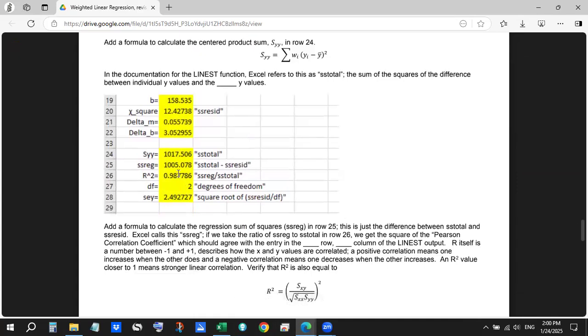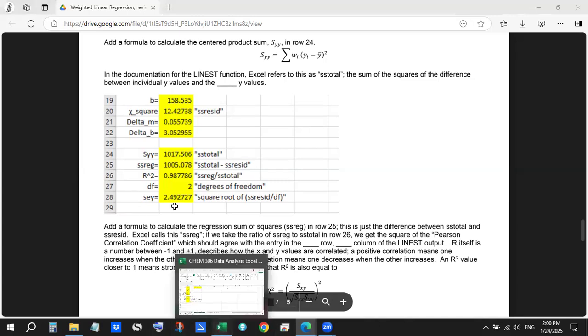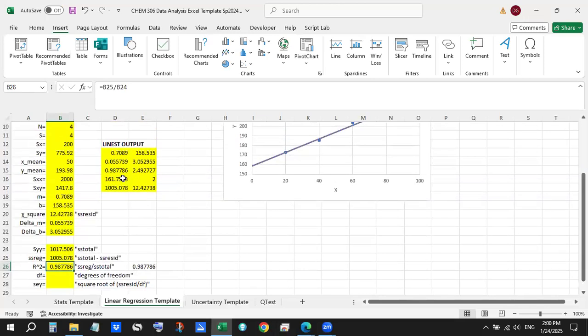So 1005 divided by 1017 gives you 0.987. That's the square of the correlation coefficient. That's what we're getting here, 0.9877. So that's your R squared. This is the same as this number right here. So we are reproducing the numbers that the LINEST function gives us in Excel.